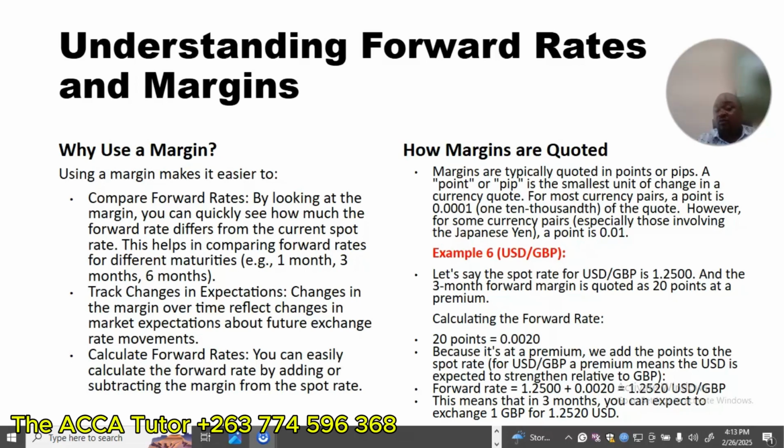Let's calculate the forward rate. So 20 points is equal to 0.0020, right?